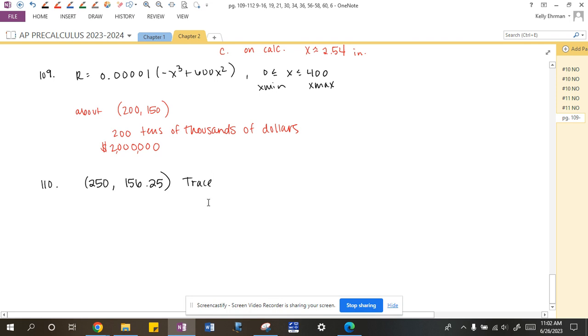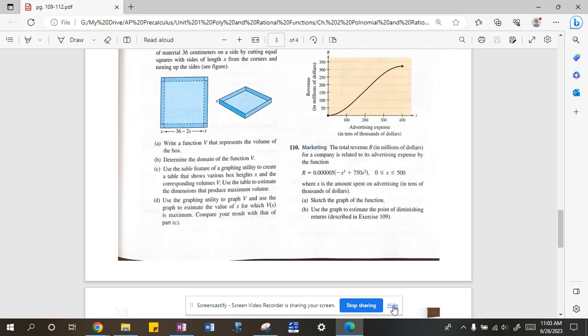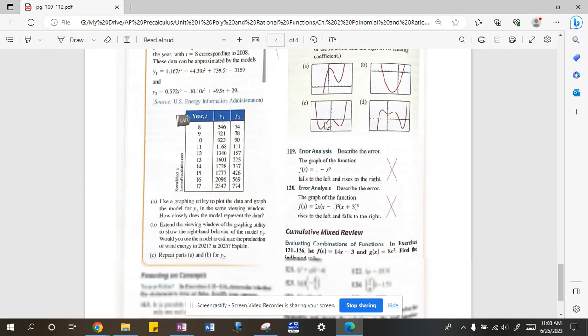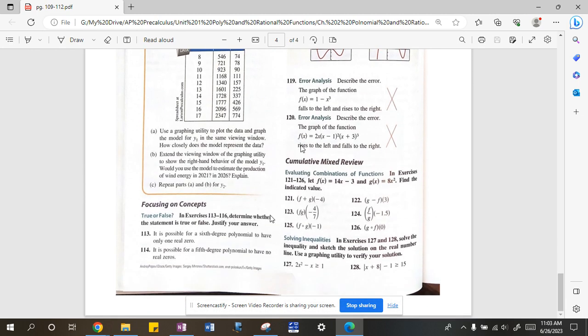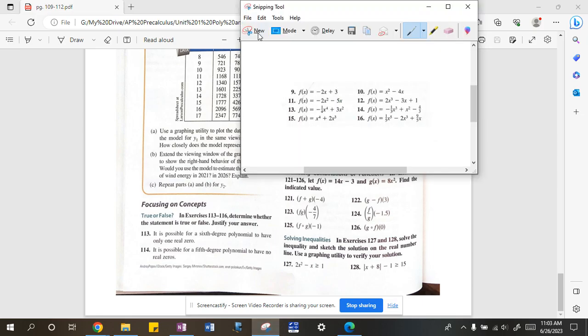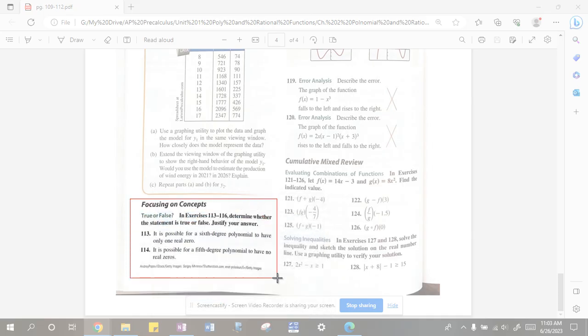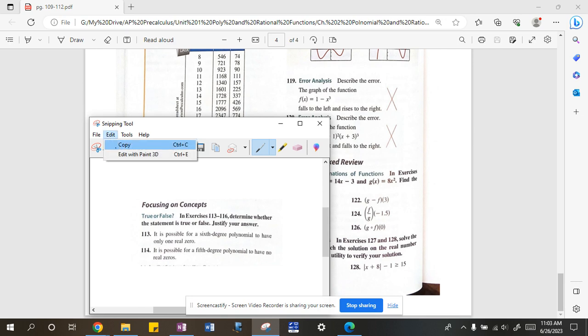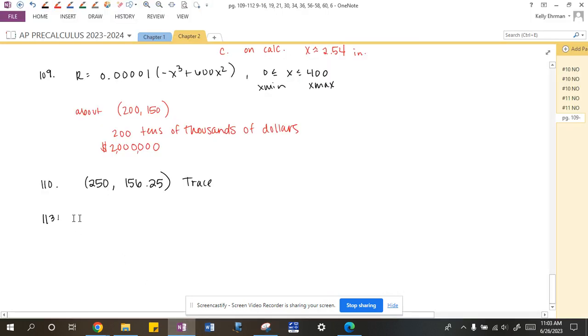Okay, our last section is true and false. So 113: It is possible for a 6th-degree polynomial to have only one real zero.